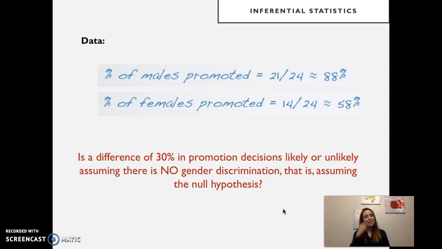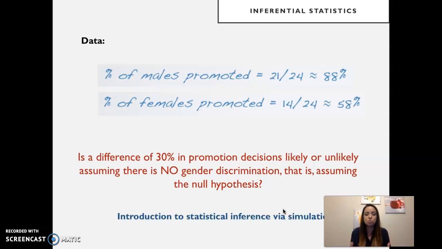Then we decide that we need to dismiss, or at least we don't provide evidence for, the null hypothesis that there is no gender bias, in favor of a hypothesis that gender bias might be a thing. So that's what inferential statistics does. And what we'll do now is introduce you to that process via what we call simulation. And you'll know what that means when we get to the lab.